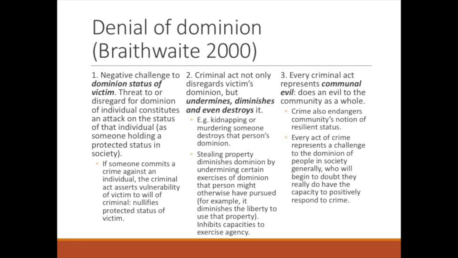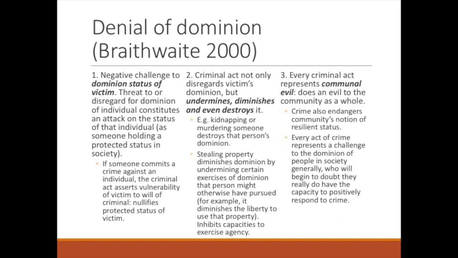Let's talk about the denial of dominion in a little bit more detail. Braithwaite, who's a big scholar in Republican theory and restorative justice, says there are three consequences of the denial of dominion. You have this negative challenge to the dominion status of the victim.